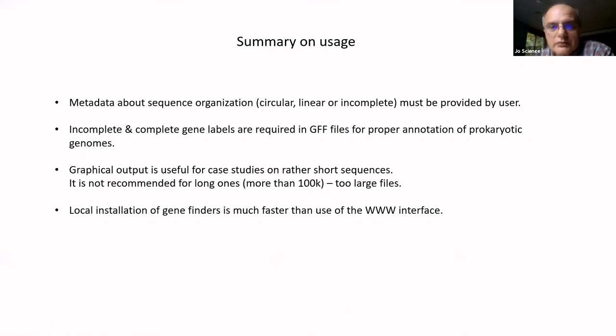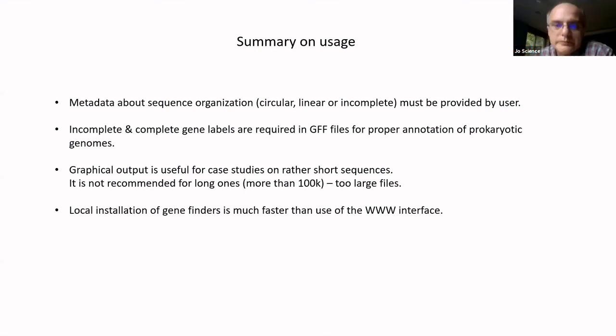So, a summary of these components. What I want to emphasize at the end is that the software is automatic. You still need to provide some metadata. You have to tell what kind of genome came out from the sequencing machine. We can't guess it on our own.